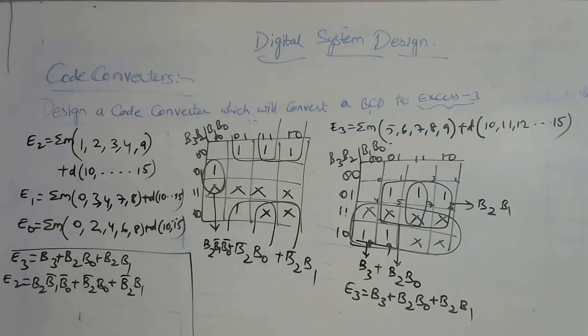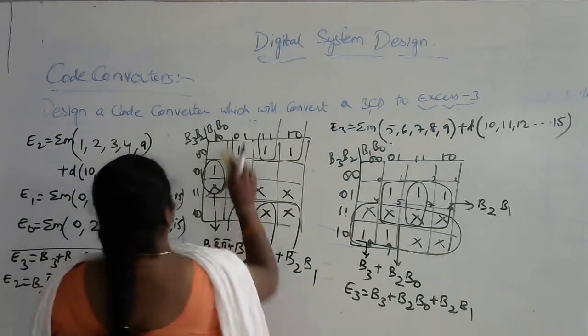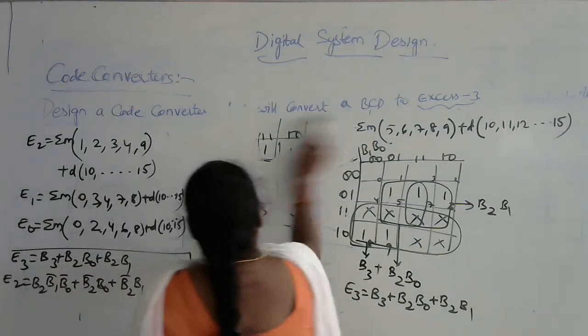Similarly, we need to draw the K-map for E1 and E0. So let me draw for E1 and E0.